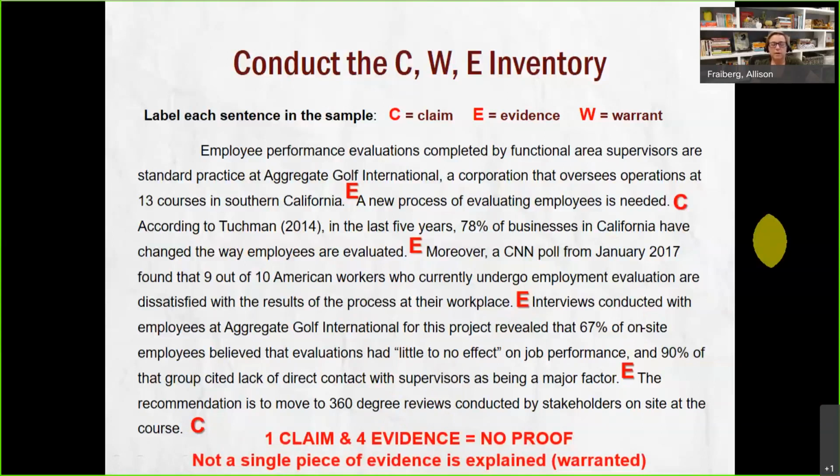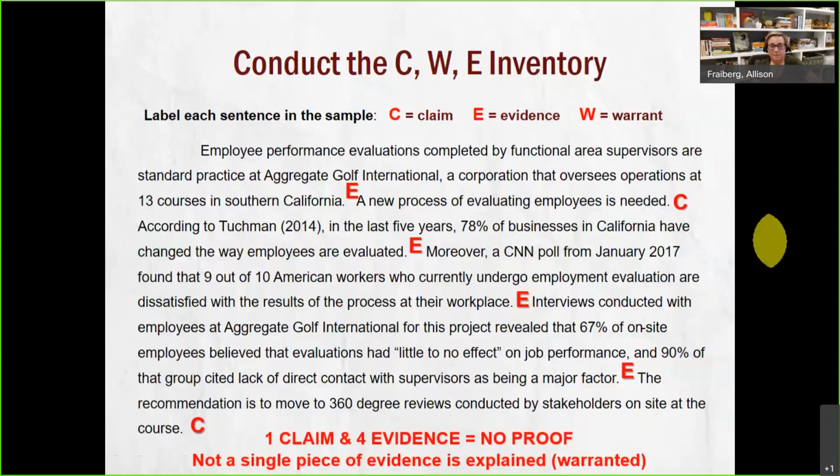There is no explanation of the evidence. All I did in this paragraph was dump the evidence in there and hoped that it would lead you to the same conclusion I came to, which was moving to 360-degree reviews conducted on site.